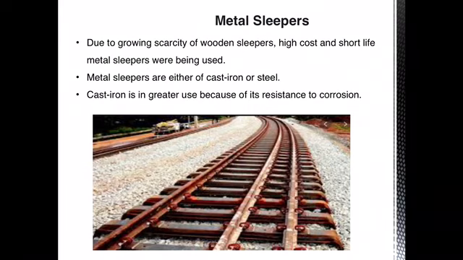Given some of the drawbacks we have seen in the wooden sleeper, to overcome that we started to manufacture metal sleepers, which can be either cast iron, or we can also use steel in the manufacture of metal sleepers.